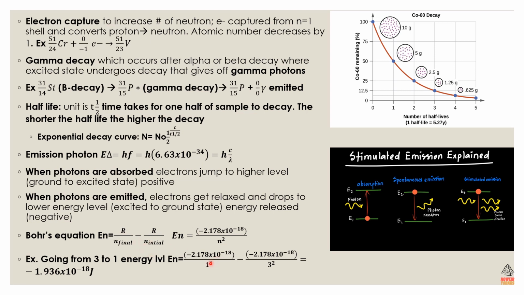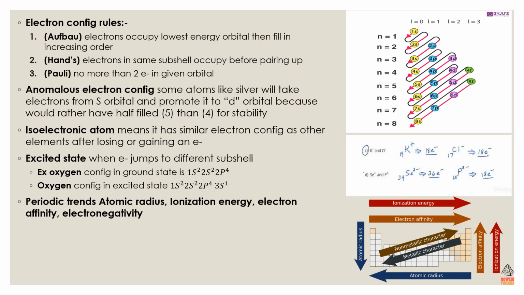So it's negative 2.178 times 10 to the power of negative 18 divided by 1 squared, minus negative 2.178 times 10 to the power of negative 18 divided by 3 squared, and the answer is going to be negative because photons are emitted. You're going from a higher to a ground level. Negative 1.936 times 10 to the power of negative 18 joules.